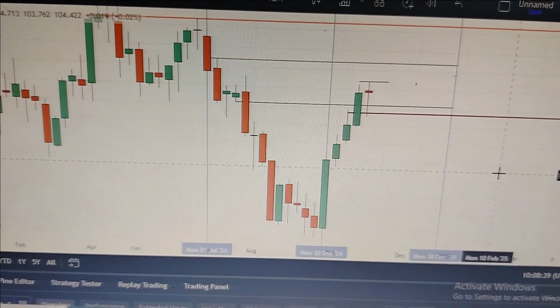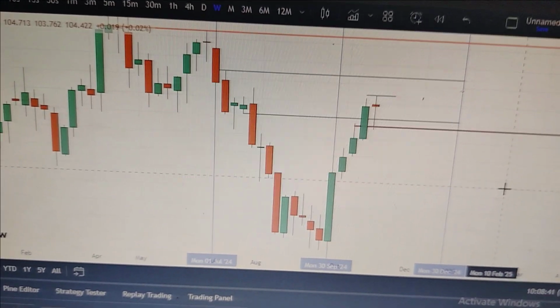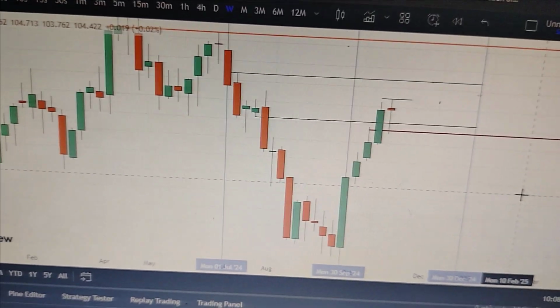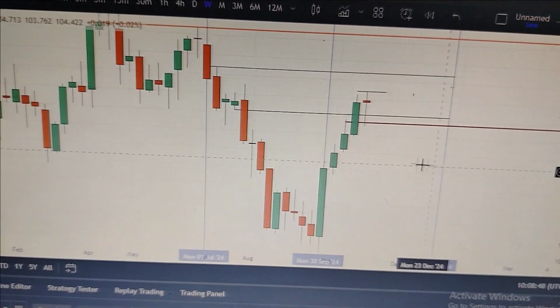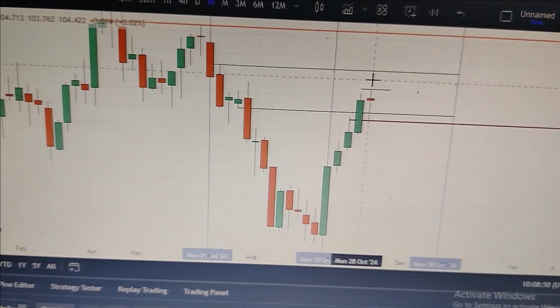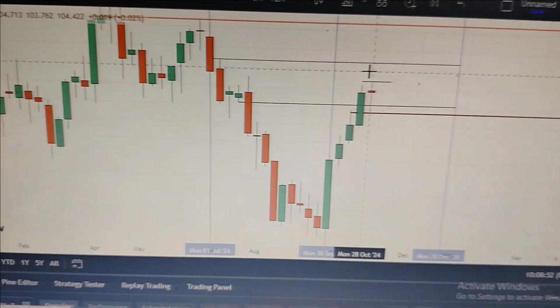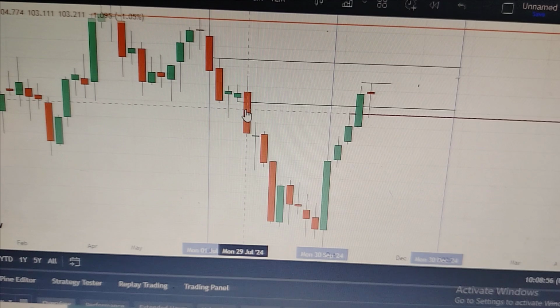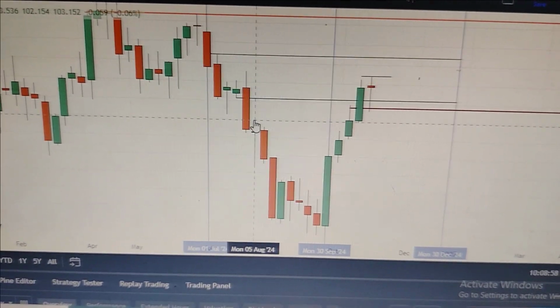This is the Euro USD, no, not the Euro USD, but the US dollar index chart. And as you can see, our current price, this is the previous week candle, and this is a weekly chart. And as you can see, this was our fair value gap.